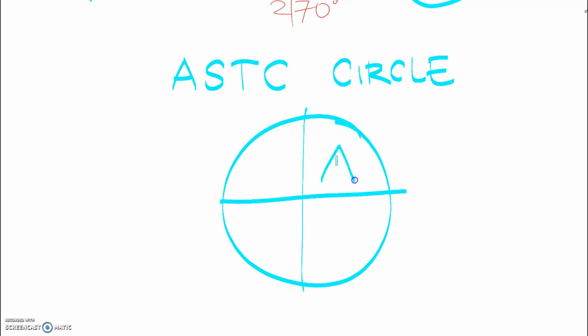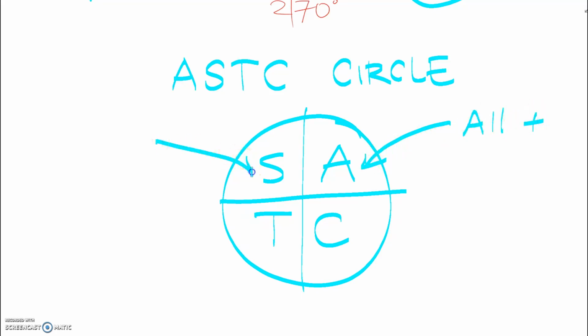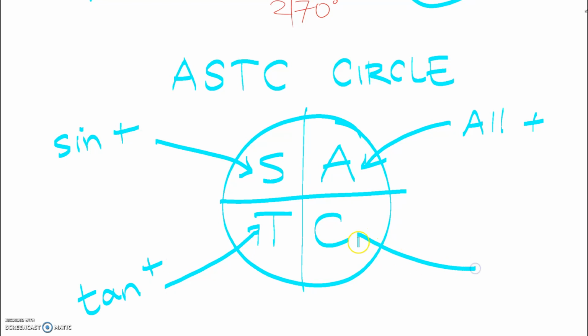All stations to Central. And what does that tell me? It tells me whether sine, cos and tan are positive in a particular quadrant. They're all positive here. In this quadrant, only sine is positive. In this quadrant, only tan is positive. And in this quadrant, only cos is positive. And the others are negative.